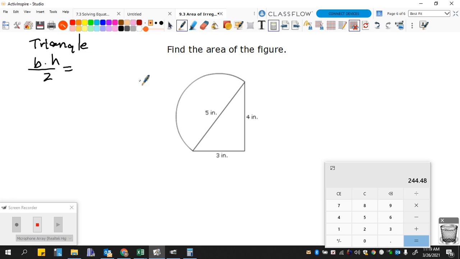So the base is 3 times 4 divided by 2, which is 12 divided by 2, or 6. Okay, so the triangle here is 6 square inches.